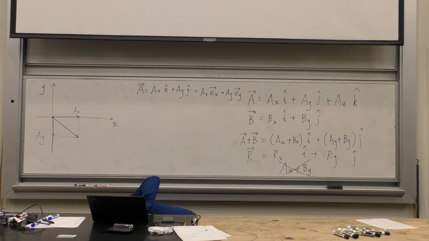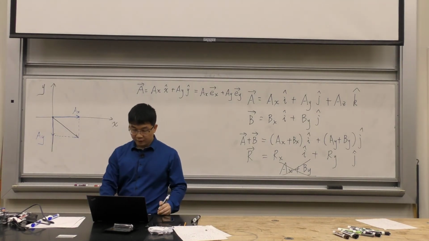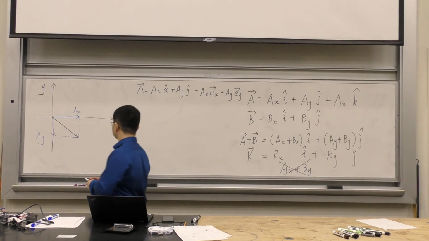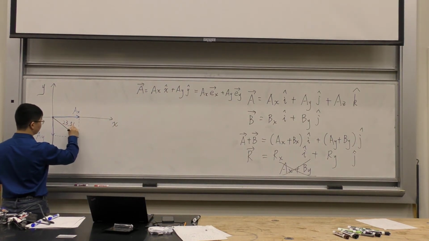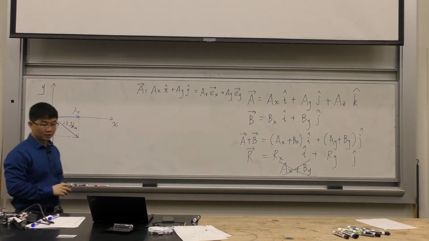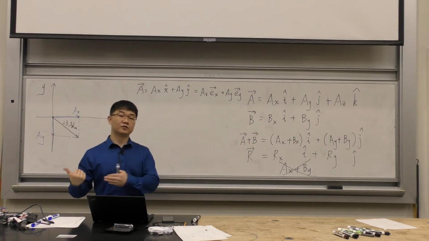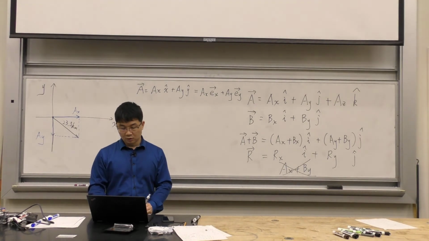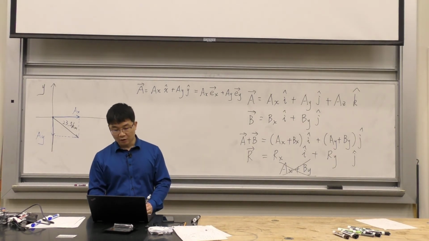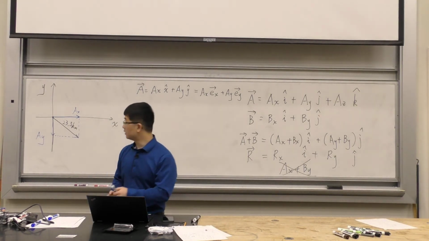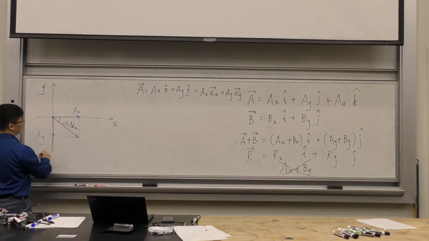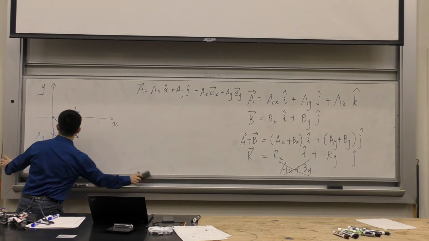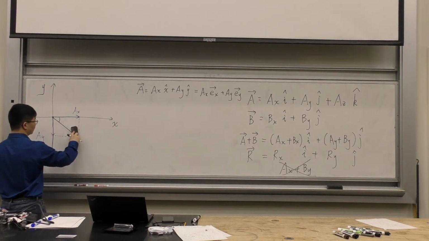So the problem says this. On the first day, she walks 23.5 kilometers. So that means this length is 23.5 kilometers, right? That's the magnitude of this vector we just drew. What is the direction? Southeast, okay? Southeast means if I pick an angle here, like this angle, that's going to be 45 degrees.